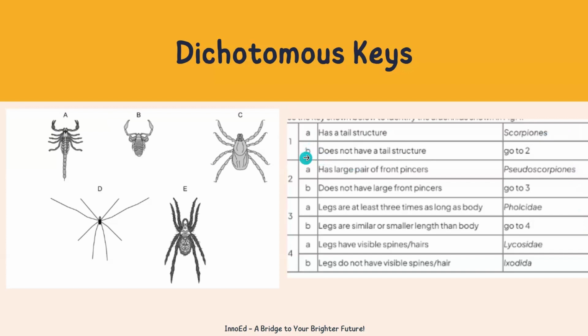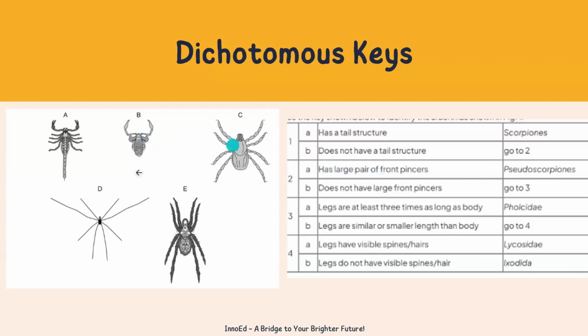So let's move on to the 1B. 1B says it does not have a tail structure. If it is, go to 2. So B, C, D, and E all do not have a tail structure. So we need to go to 2 and read. So here 2A says it has large pair of front pincers.